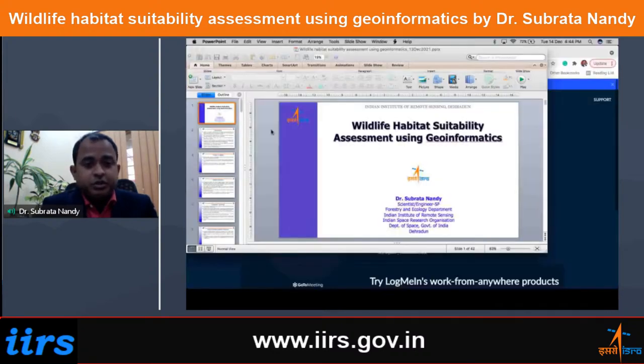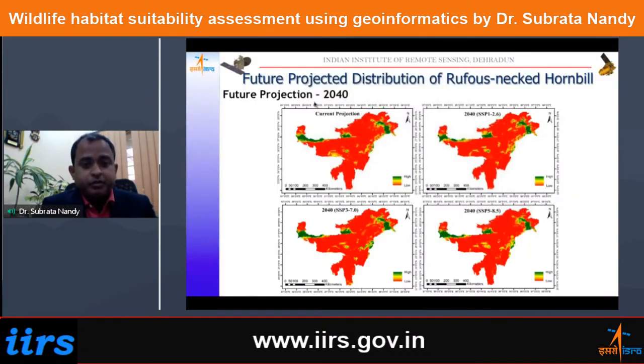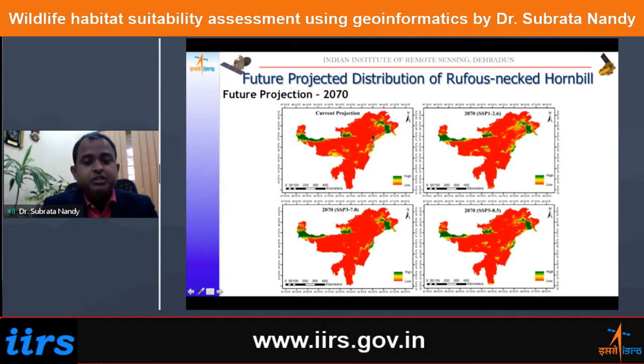So this is 2040, and then this is 2070, which is again based on 2070 climate data. You have the current potential distribution, and then you have the future distribution in different pathways, like SSP1, SSP3, and SSP5, in the 2070 scenario.